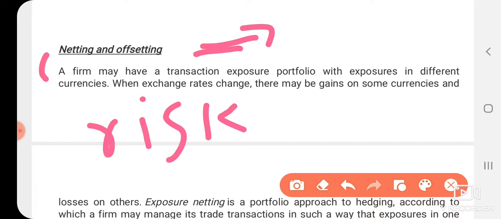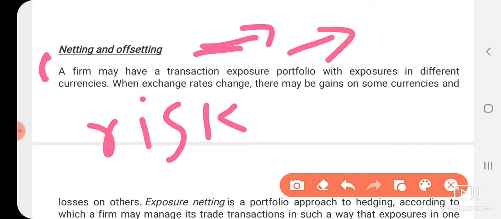Again, transaction exposure is also an exposure. It arises when the firm's contractual obligations or monetary assets and liabilities are exposed to unanticipated changes in exchange rates. Here a firm may have a transaction exposure portfolio.